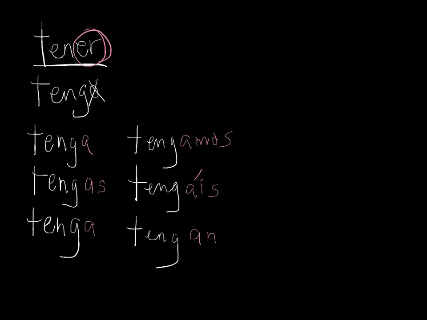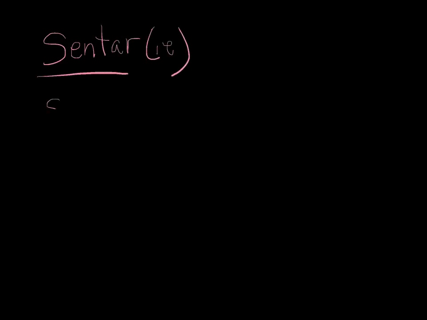Another slightly irregular problem we could have with verbs would be working with a verb that's stem changing. So if we use the verb sentar, for example, and sentar is an IE stem changer, we'll start with the yo form, cross off the O, so far that's the same thing we've said.